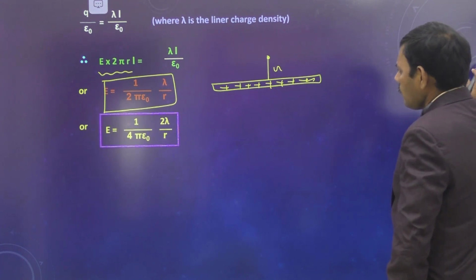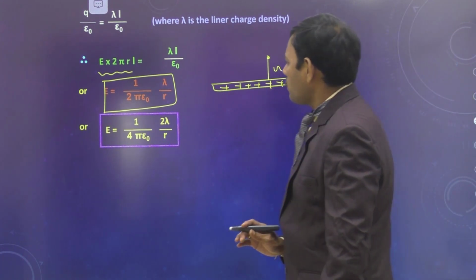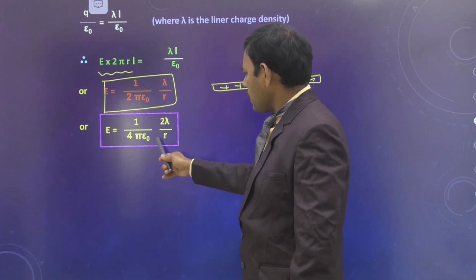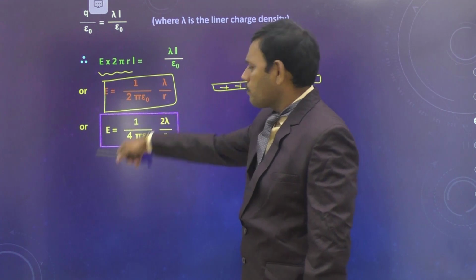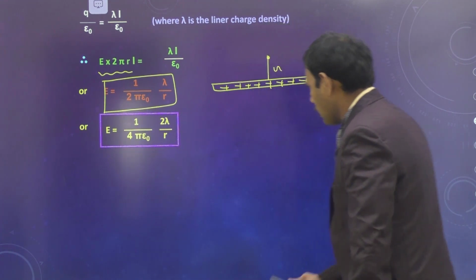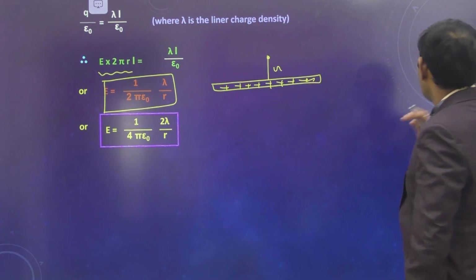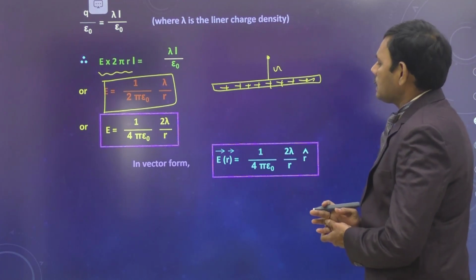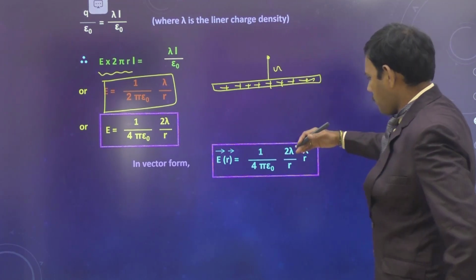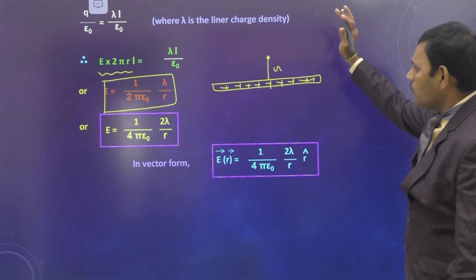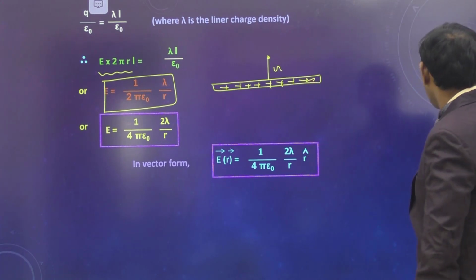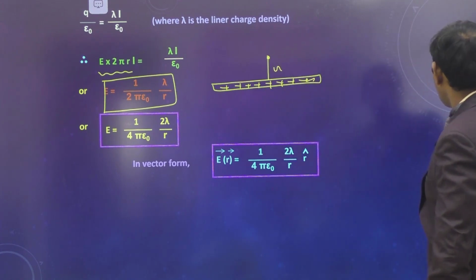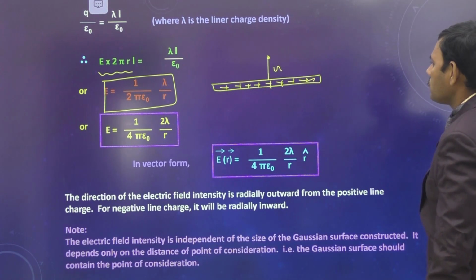When you multiply by 2 in numerator and denominator, it becomes 2 lambda by 4 pi epsilon naught r. We know that 1 by 4 pi epsilon naught is 9 into 10 power 9, so according to it we get this formula. It is directed along r cap; the electric field is radially outward from this infinite long wire. So remember this very important formula for the electric field due to a charged wire.